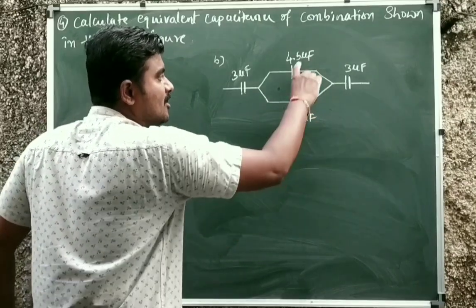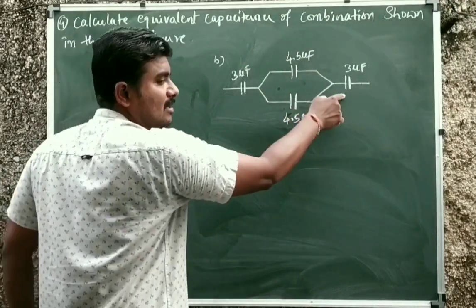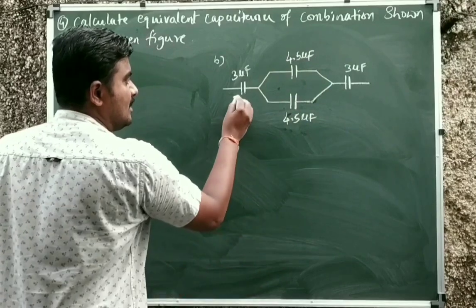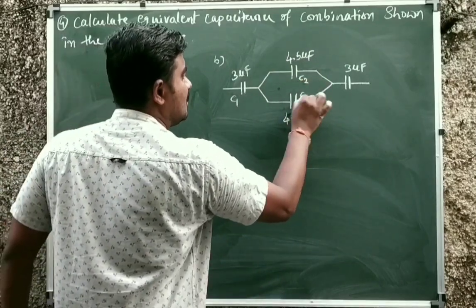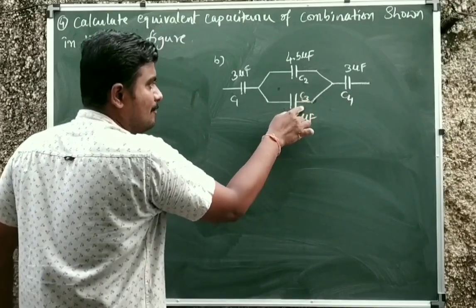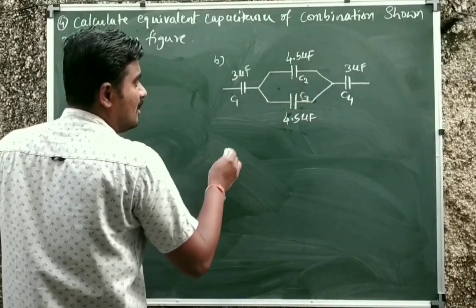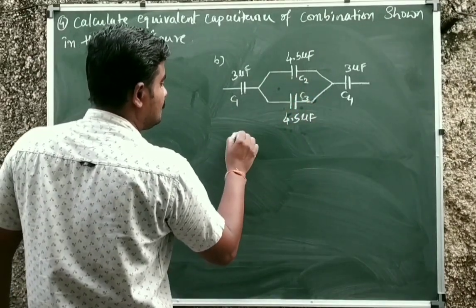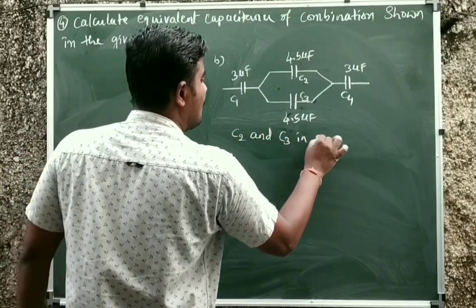And this parallel combination is in series with 3 microfarad and 3 microfarad. Understood? See, let us call them C1, C2, C3 and C4. C2 and C3 are in parallel, in series with C1 and C4, right? So first apply the parallel combination formula, C2 and C3 in parallel.